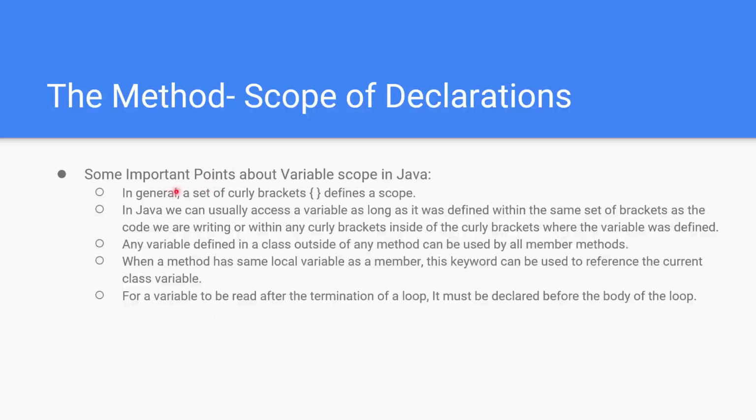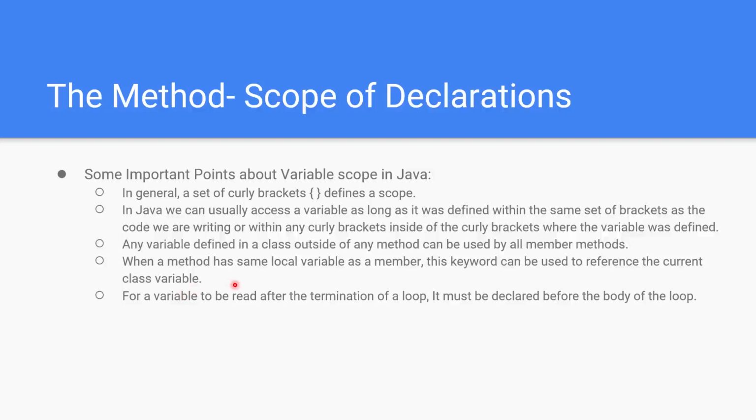Some important points about variable scope in Java. In general, a set of curly braces defines scope. Very true. In Java, we can usually access a variable as long as it was defined within the same set of brackets. Any variable defined in a class outside of a method can be used by all methods in that class.